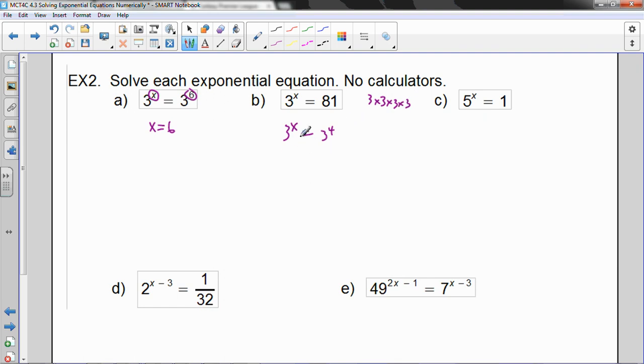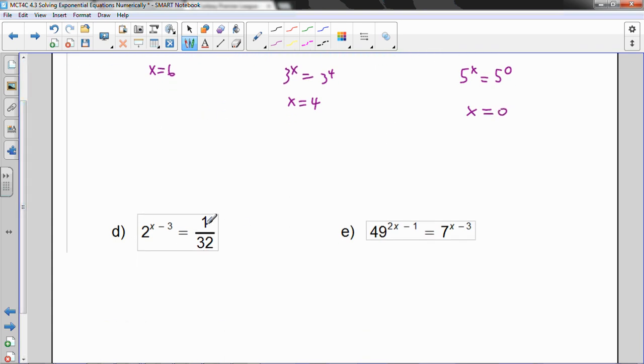And as soon as I have both sides with the same base, then the exponents are equal, and I can finish her off. This one seems weird. How do I write 1 as a power of 5? This is 5 to the exponent something, but what's this something? Well, to get 1, remember, anything to the exponent 0 is 1, and this is just a fact you need to remember, so therefore x is 0.